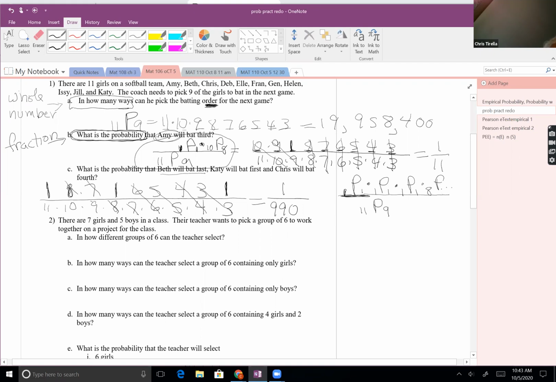What's 9 minus 3? 6. 6 remaining spots. And they should both take you to exactly the same place.